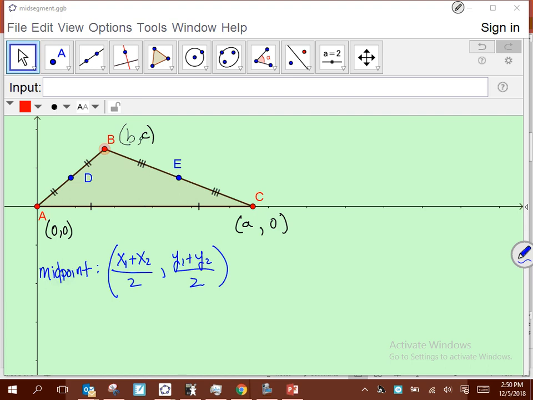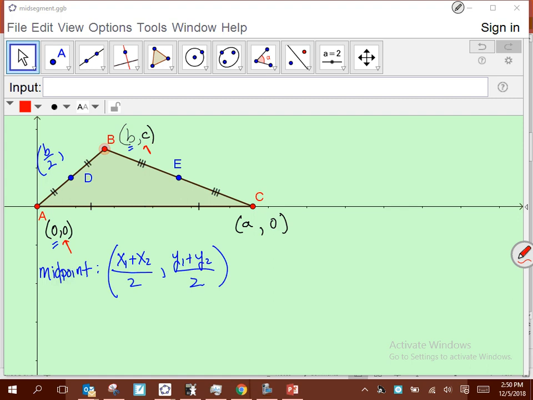Well, now let's use these arbitrary values. If I'm adding my x's together, x1 and x2, there's x1, there's x2. What's 0 plus b? b, and then divide that by 2. This is b over 2. Now I want to do the same thing for my y coordinates. Add y sub 1 and y sub 2 together.